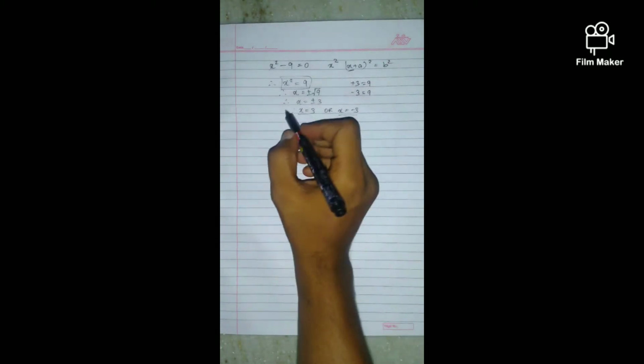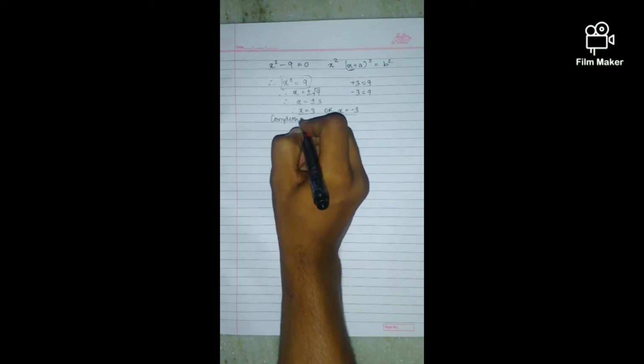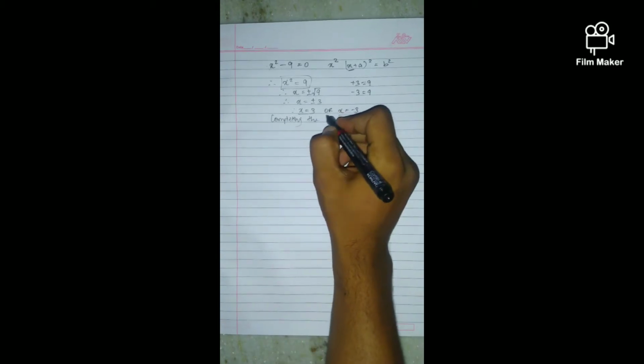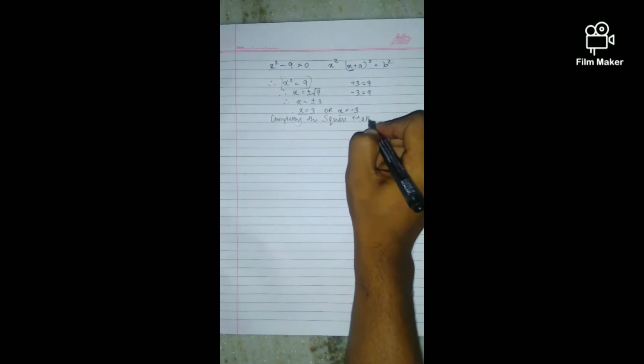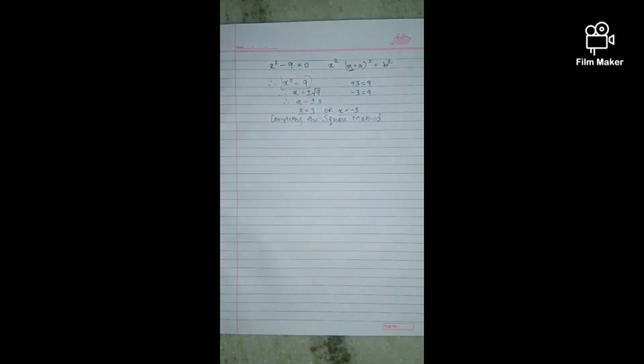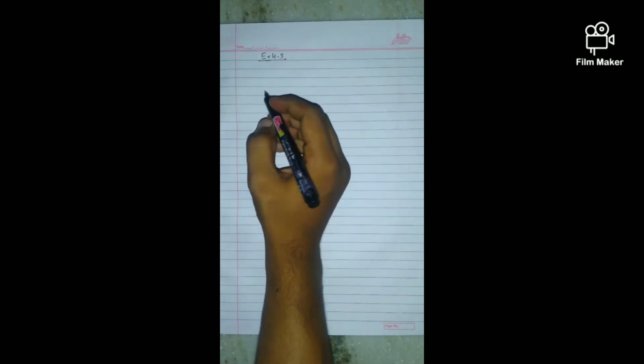So this is known as the completing the square method. The concept of completing the square is in exercise 4.3, so we'll take sums from this exercise.